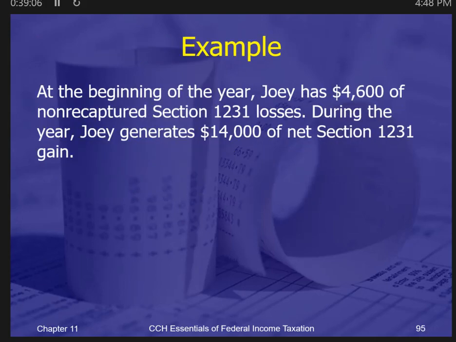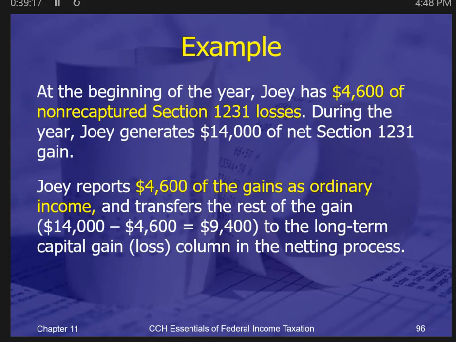Joey has $14,000 of net gain. He has some losses in past years that he took as ordinary losses. So when he reports his gain this year, he's going to use up to $4,600, I think, in the last 5 years as ordinary income. The rest would be Section 1231 or long-term capital gain. So it's not completely gone, but it really takes a chunk out of it.